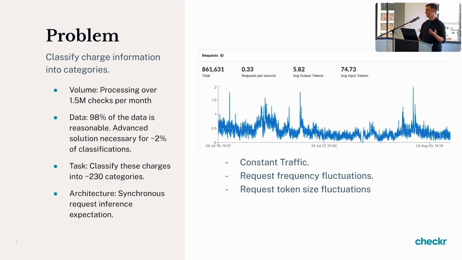So the task is to classify these charges into 230 categories so that customers can use them to adjudicate their hires automatically. And this part of the annotation of the background check is done synchronously, okay?